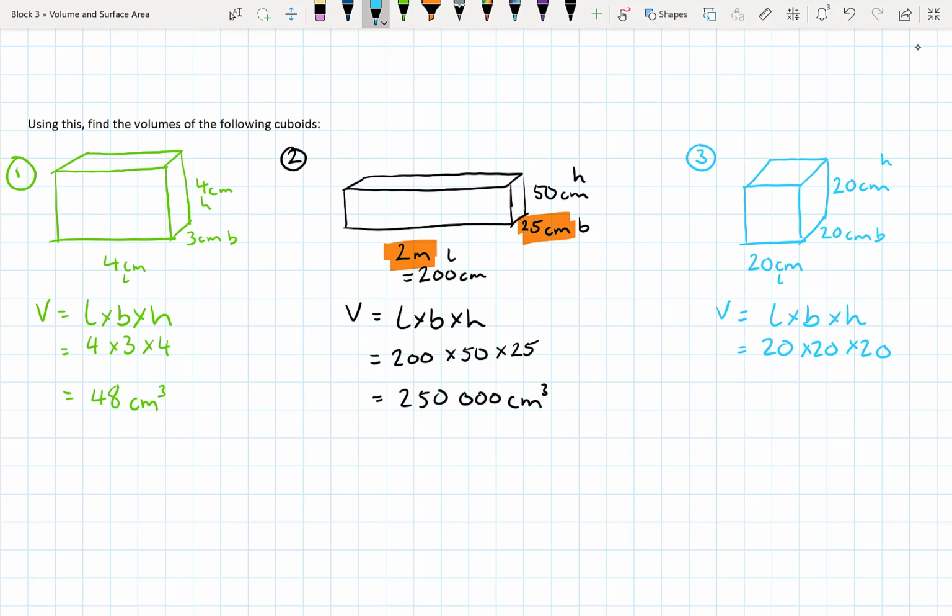It's just a fancy one. It still works the same way, only all my numbers here are exactly the same. When we crunch those numbers, 20 multiplied by 20 is 400, times 20 again gets us 8,000. The units I've got are centimetres, and it's still volume, so it's still cubic centimetres, centimetres with a little 3.